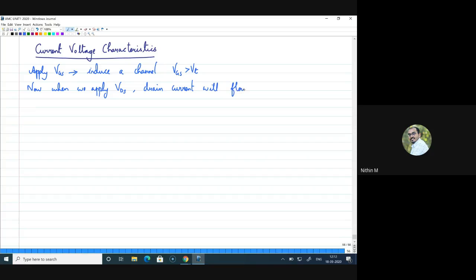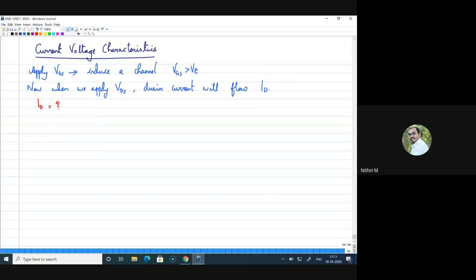That drain current I will always denote using the notation ID. Our intention here is to arrive at an equation for this ID.